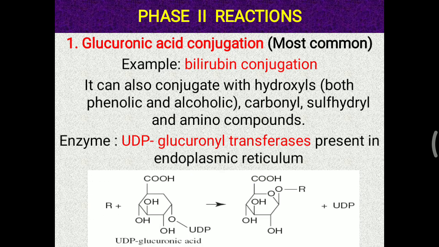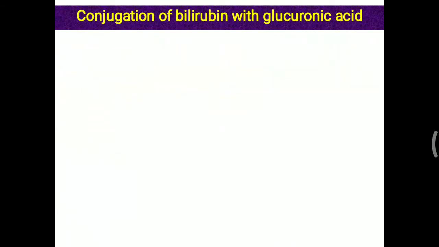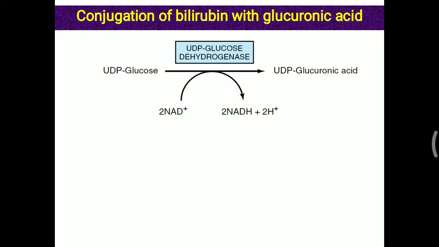The basic UDP glucuronic acid will be attached with any xenobiotic; the glucuronic acid is now attached over the xenobiotic and UDP is separated. That is how the process occurs. In detail for bilirubin, UDP glucose is converted to UDP glucuronic acid, so the source of UDP glucuronic acid is the UDP glucose molecule.